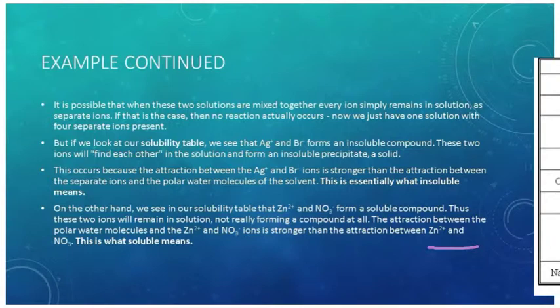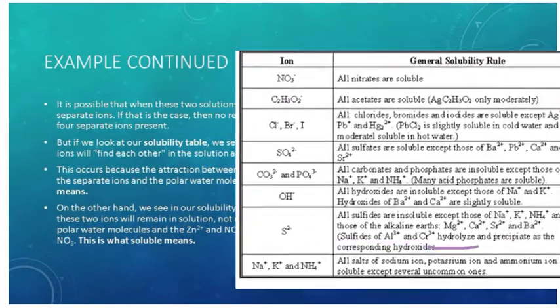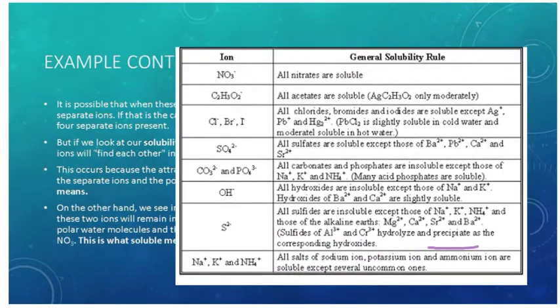So if I pull this table back in here, our Zn2+ and the NO3-. All nitrates are soluble, right at the top here. All nitrates are soluble, so it's going to remain in solution.